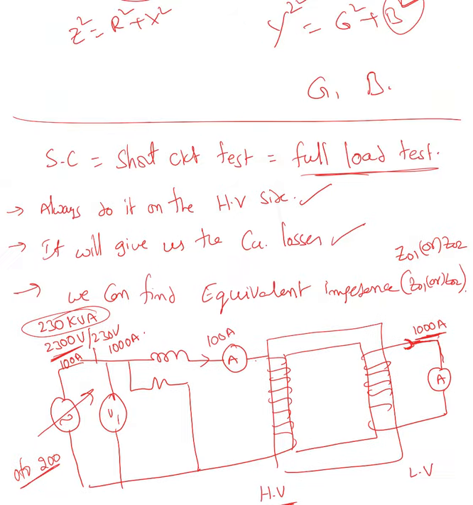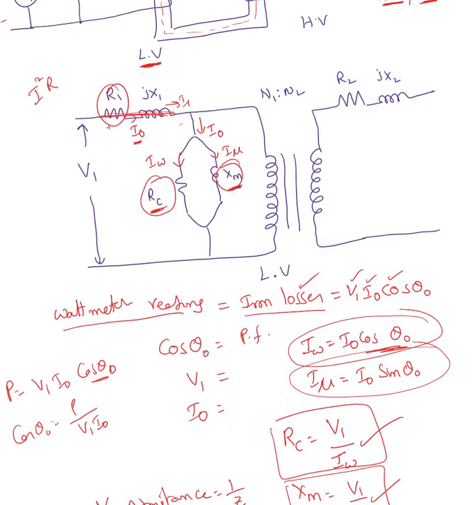A huge amount of current is passing through the circuit, 1000 ampere, but the voltage we're supplying is only 10% of the actual value. It's like 2300 volts, but we're supplying less than 200 volts, so these losses we can neglect. That's the reason when we do the short circuit test, we can neglect the iron losses. When we do the open circuit test, we can neglect the copper losses because those are a small percentage.